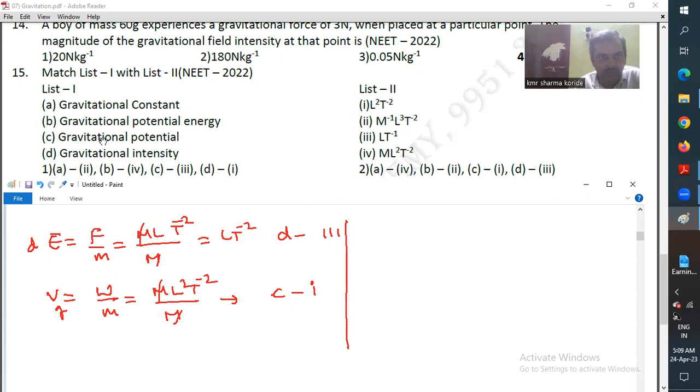Now gravitational potential energy. Any form of energy will have the same dimension formula, maybe kinetic or potential. So energy dimensional formula is ML square T minus 2. And the last, gravitational constant. This is the way to get the gravitational constant dimension formula, from F equals G M m by r square.